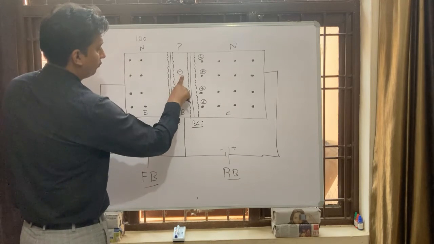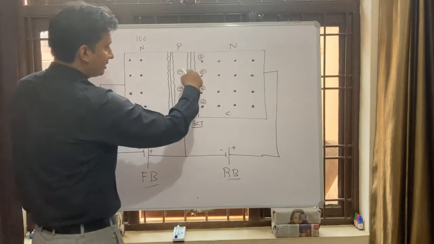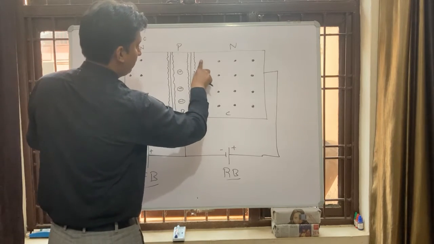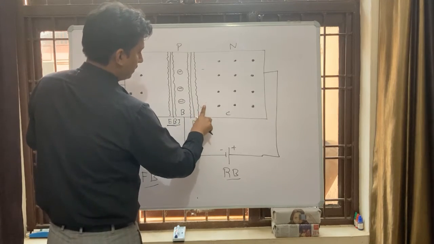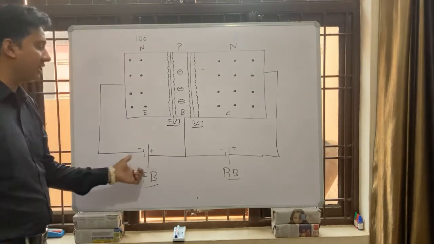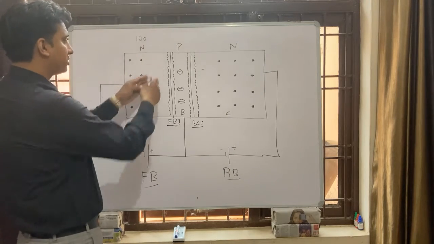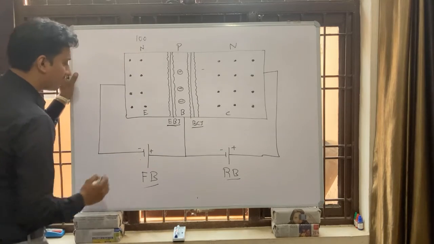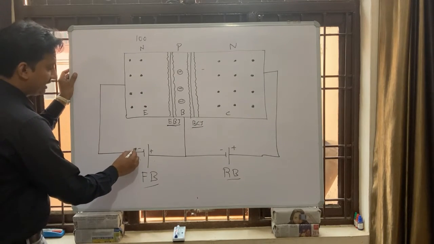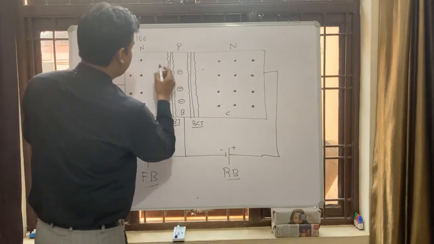So one layer is being removed by me. Similarly, this side will also happen, so this will be removed, and this will be removed. This is the condition before connecting the battery. Now as these combined, the junction is formed. After that, I connect it to the battery. Minus is connected with the N side, so it will push the electrons towards this side.